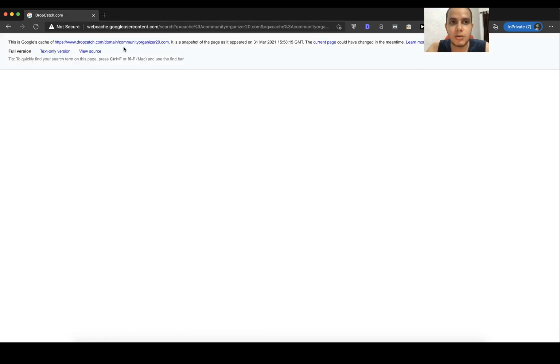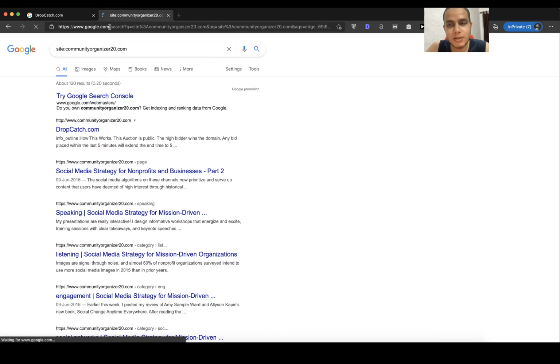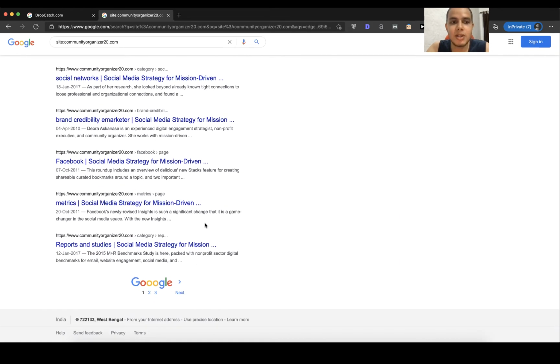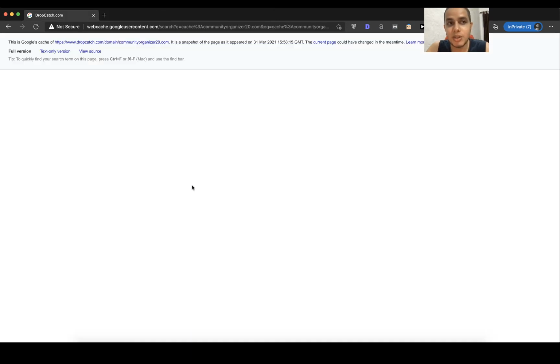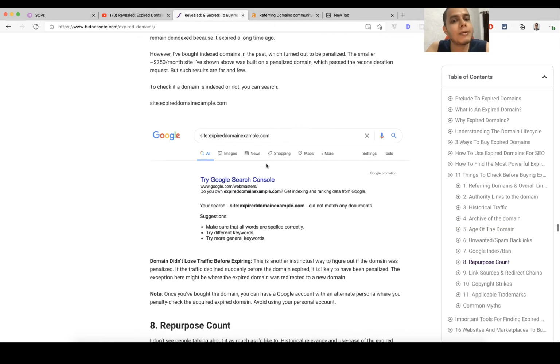This shows me that it was redirected to drop cache, and if it was not redirected, I'll just go and see if it is indexed in Google or not. So I see that this domain is indexed and it has around 120 pages indexed in Google. That means that this domain is most probably not penalized. So that is one thing.